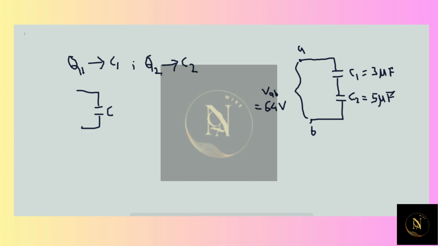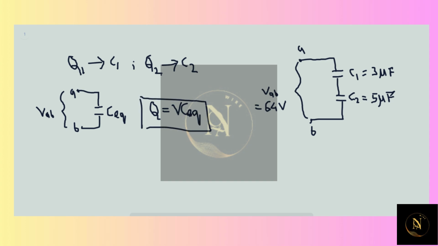Since C1 and C2 are connected in series, we'll have an equivalent capacitor corresponding to C1 and C2 between the points A and B. So this is the simplified circuit, and we have a potential difference between these points A and B. And once we have this, we can find the total charge between the points A and B using Q equals V times C equivalent. So using this, we can easily find the total charge of the circuit, which is indeed equal to the charge on each of the capacitors.